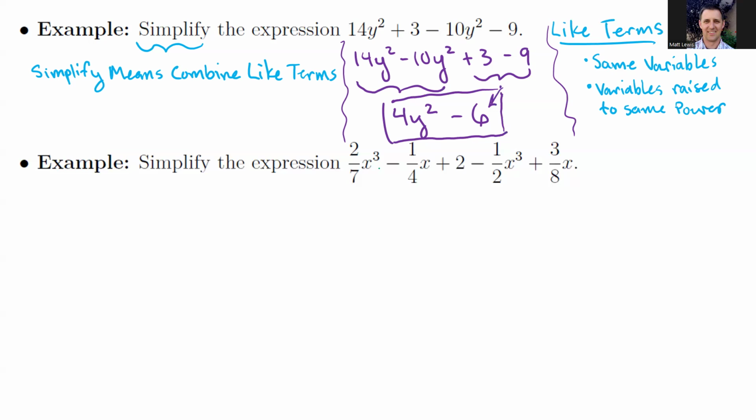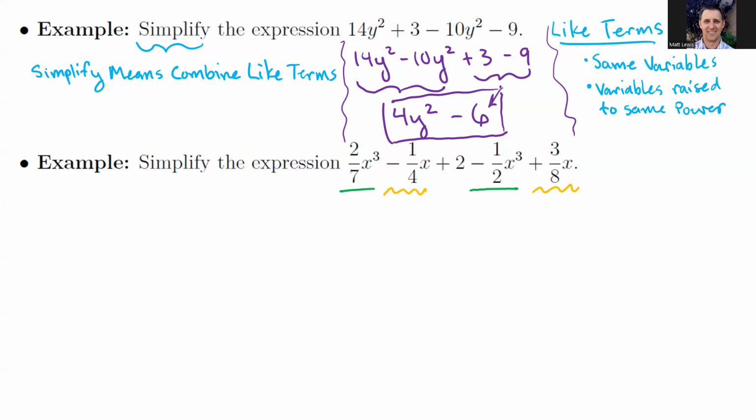It's never a bad idea to underline maybe in different colors, or if you don't have different colors, you can do things like this. I underlined the x cubed like terms, and then I can see that this one and this one are also like terms. And then the plus two is just kind of lonely by itself there.